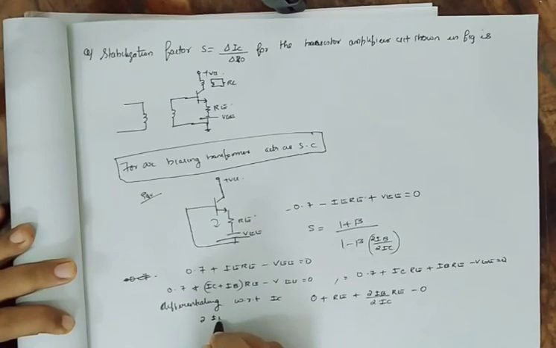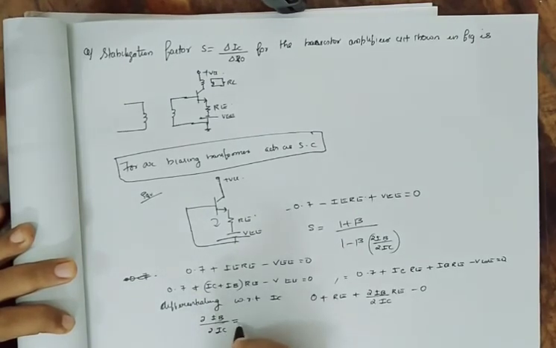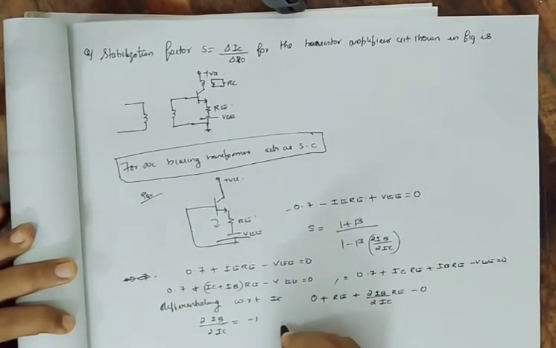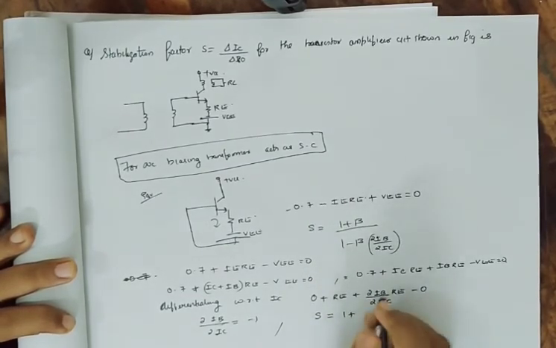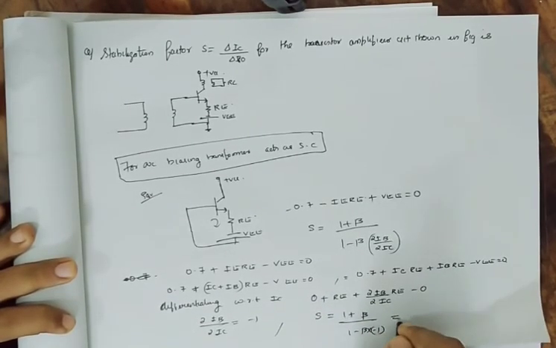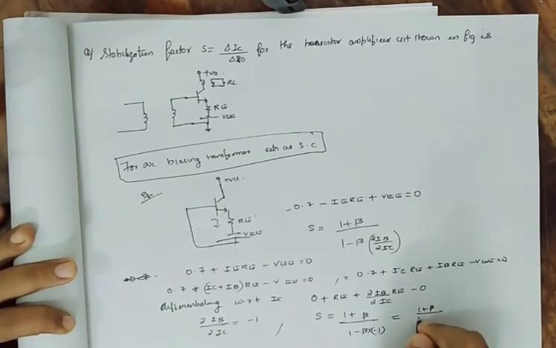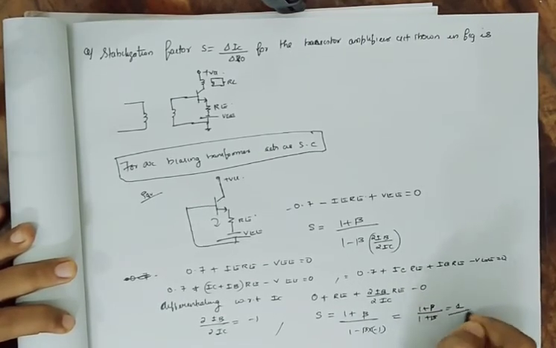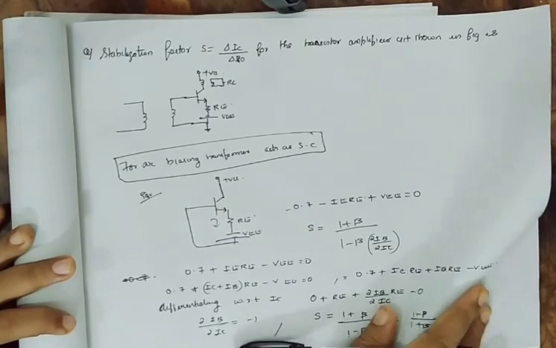So delta IB divided by delta IC equal to minus 1 and S equal to 1 plus beta divided by 1 minus of minus 1, which is equal to 1 plus beta divided by 1 plus beta, which is equal to 1. So that is the answer.